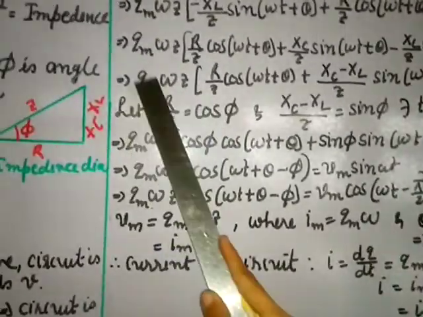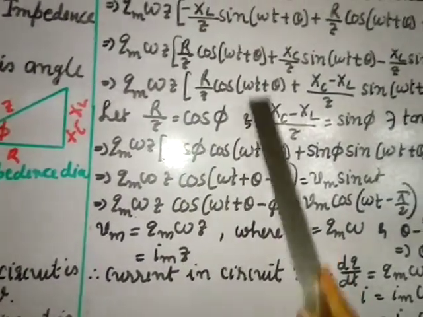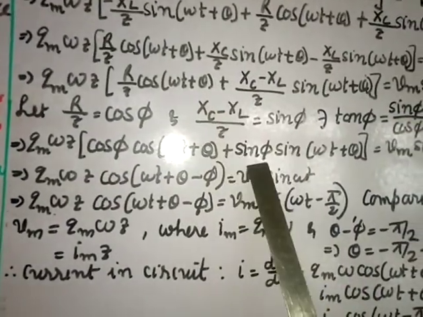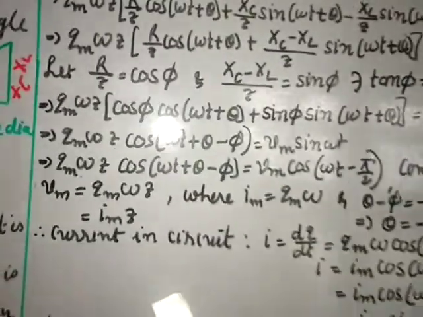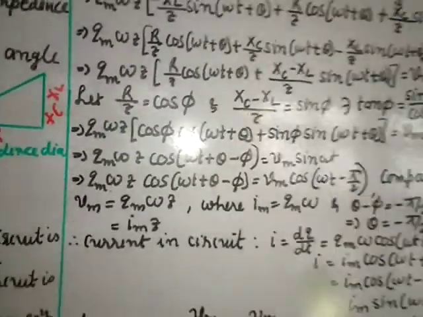So let us put Qm omega Z, with r by Z as cos phi, in the term cos(omega t plus theta), plus this one as sin phi, equal to Vm sin omega t. Now this is the formula of cos(A plus B).